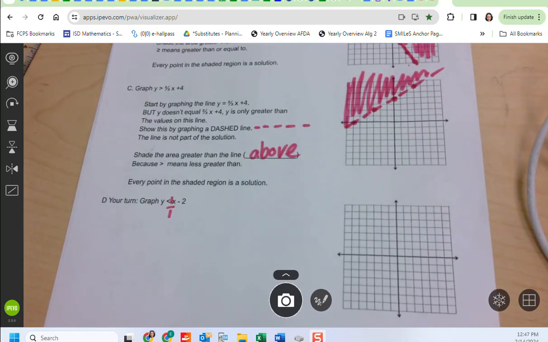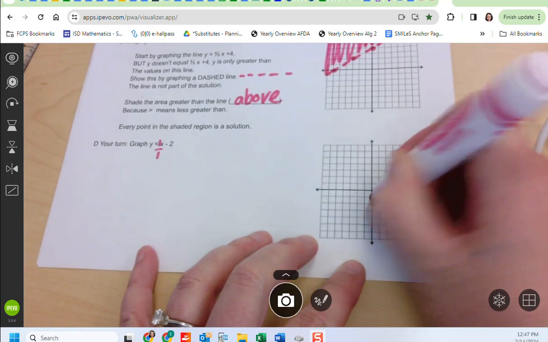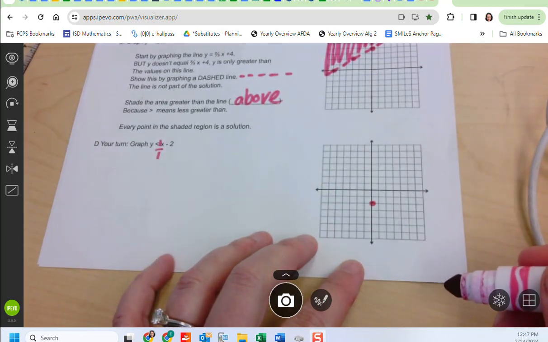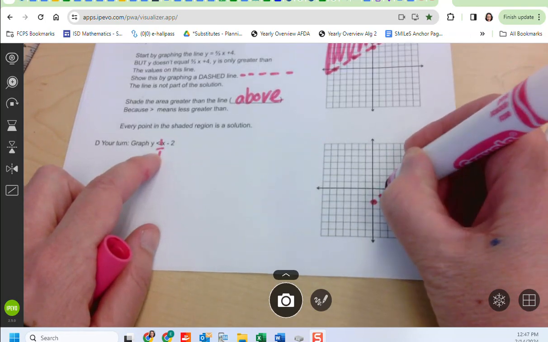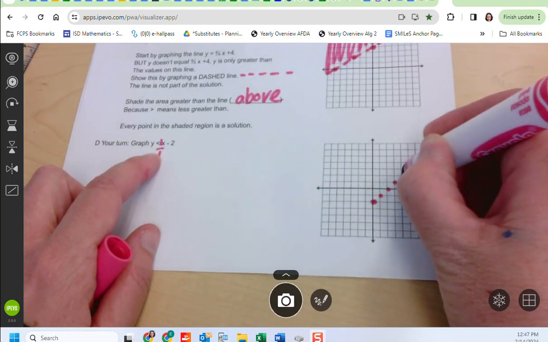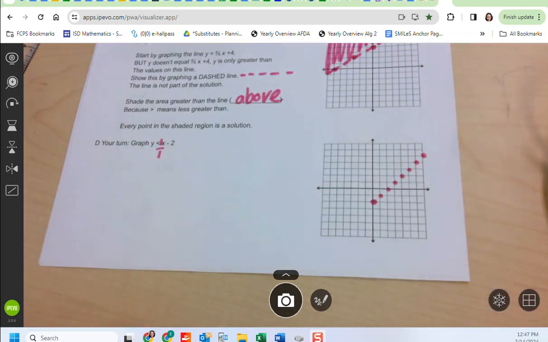Here we go. Did you start at -2? And then did you do a slope that was up 1 and over 1, up 1 and over 1 like this? Is that what you did? Did you make a solid or a dashed line? Dashed, very good.